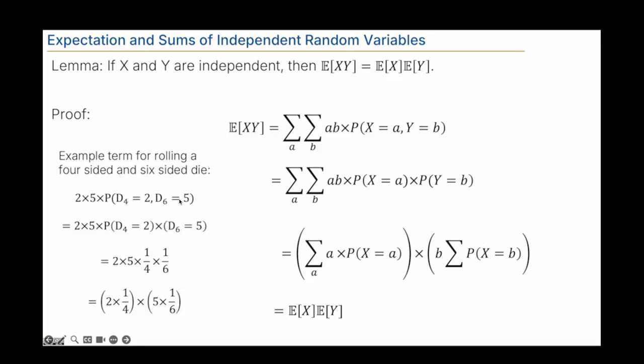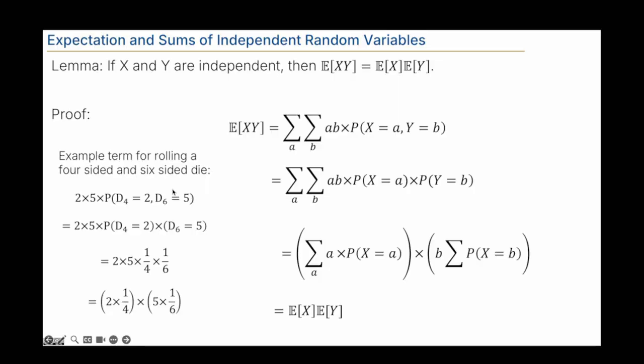If you'd like, here is a tiny example to convince you that this is really sensible. Imagine I'm rolling a 4-sided die and a 6-sided die. If I want to start writing the expectation of the product of a 4-sided and a 6-sided die, one of the terms, if I expand this out into all the 24 terms that exist, will be 2 times 5, times the probability that d4 is 2 and d6 is 5.